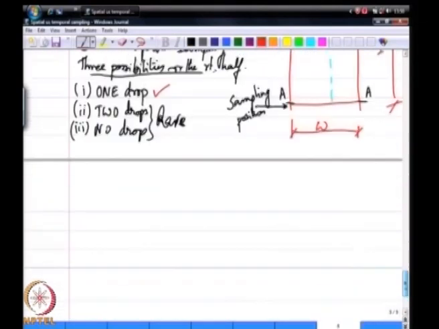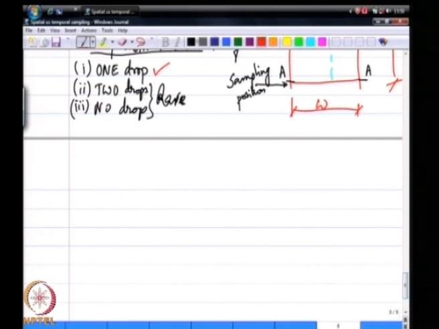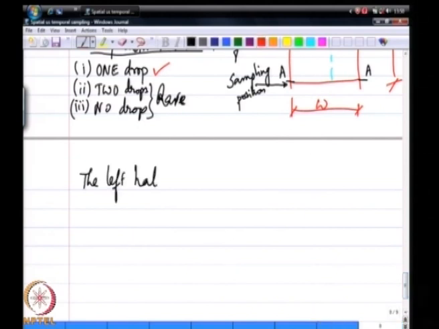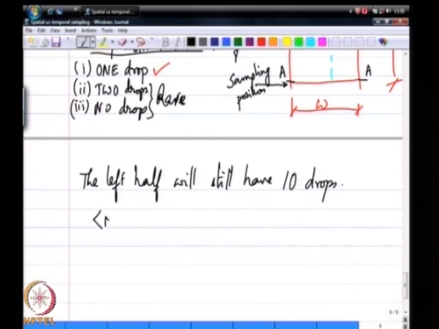For the left half, the story is not changed. So, if I do the spatial sampling, what I have is 10 drops.